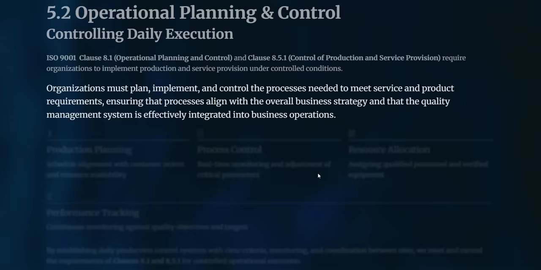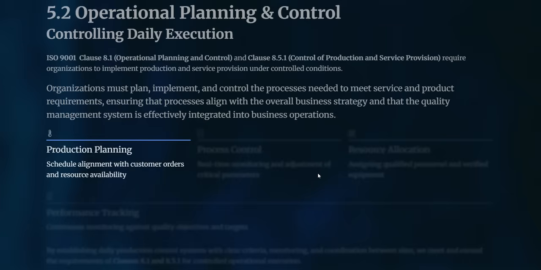Organizations must plan, implement, and control the processes needed to meet services and products requirements, ensuring that processes are aligned with overall business strategy and that the quality management system is effectively integrated into business operations.